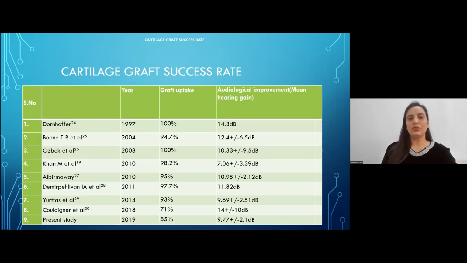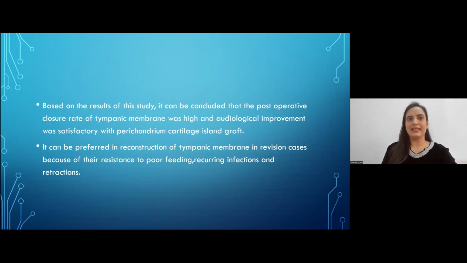This slide is showing the various studies and the success rate with the cartilage graft and the audiological improvement. In our study, the graft uptake was 85%, and there was a significant audiological improvement with 9.77 plus minus 2.1 decibel.